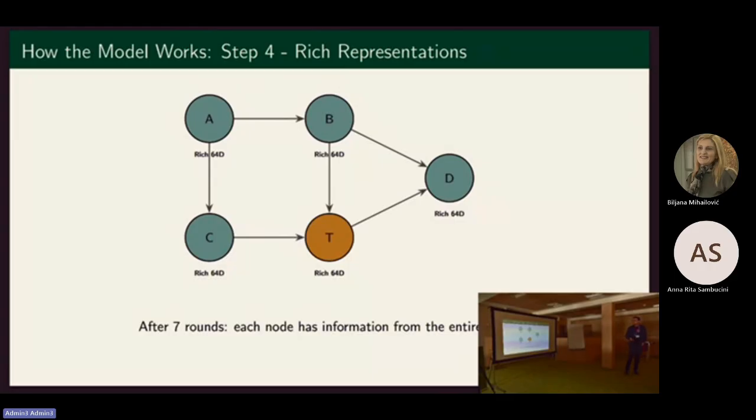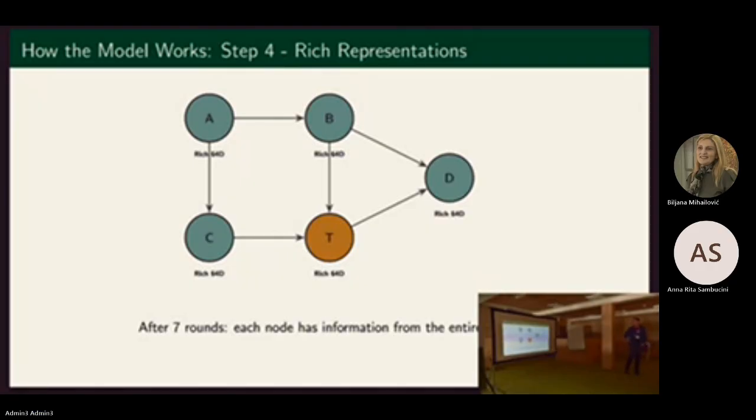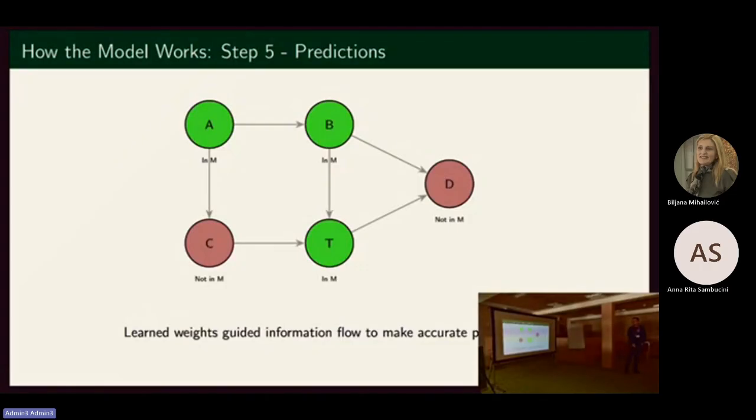And so we get a rich representation for every node, after the 7 rounds. And finally, we can make our predictions, going from the high dimensional space to just 2 dimensions to classify the classes for our task.